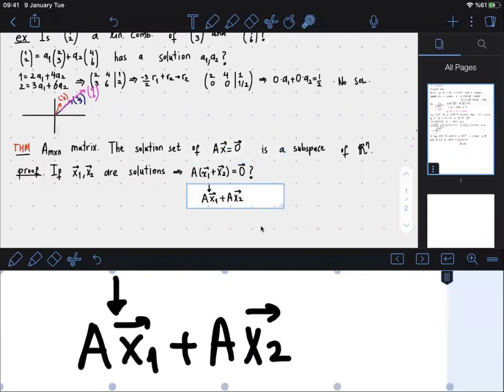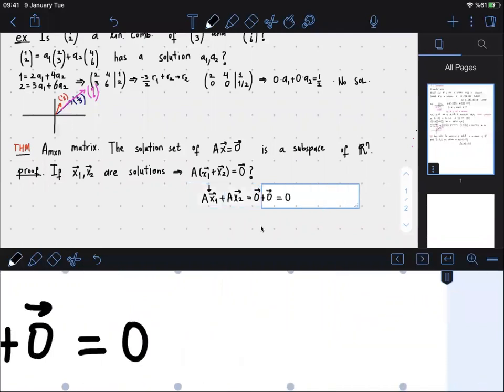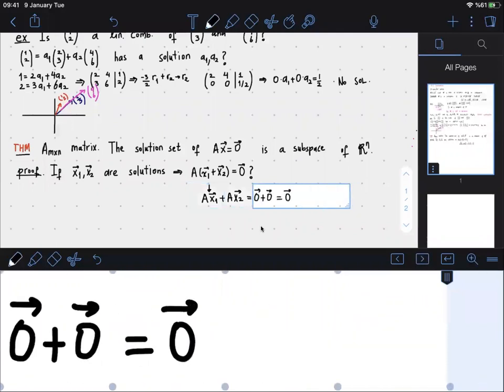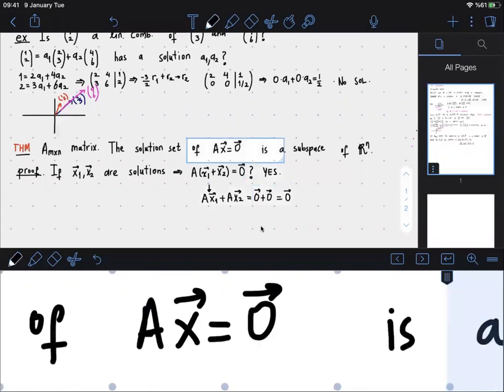So both of these expressions are 0. So this is the 0 vector plus the 0 vector, and their sum will be the 0 vector, which means the answer to this one is yes. So we verified that if x1 and x2 are solutions of this homogeneous equation, then their sum is also a solution. This was the first condition to be a subspace.